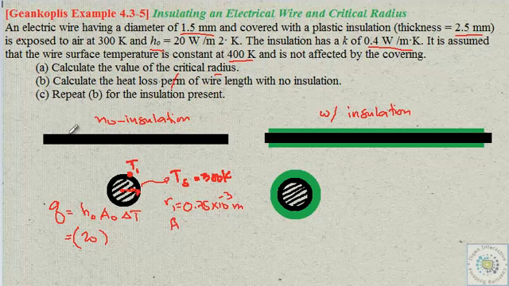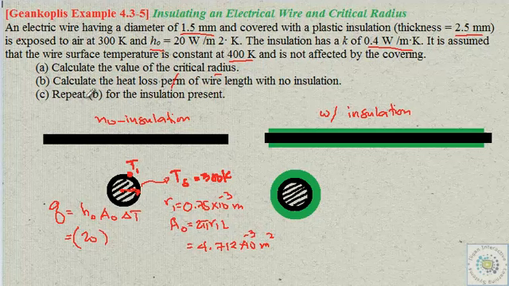The area in this case is the area exposed to the air, and A_o is just equal to 2 pi R1 times the length, which is 1 meter. Substituting values, the surface area of a bare wire 1 meter long is 4.712 times 10 to the negative 3 meters squared.